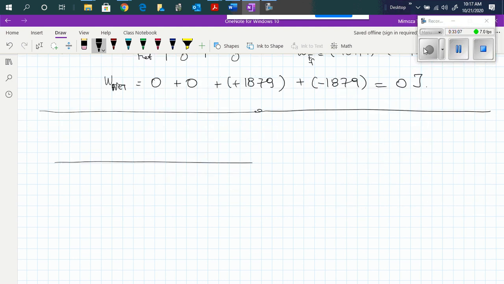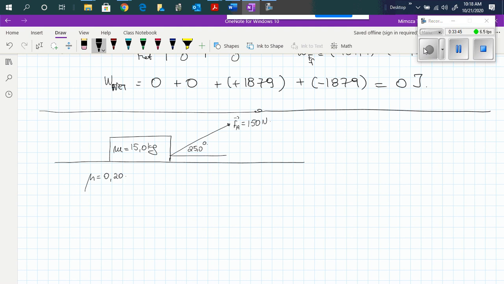Now we'll see a situation when the object is still on the horizontal surface. Mass is equal to 15 kilograms. And now we have a force applied that is in this direction. So force applied is, let's say, 115 newtons at 25 degrees. And we have a coefficient of friction 0.20.